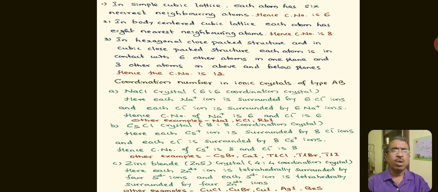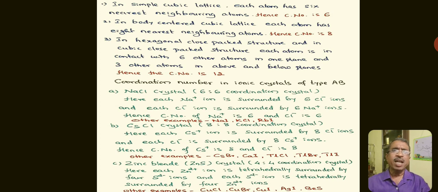Here, each sodium ion is surrounded by 6 chloride ions and each chloride ion is surrounded by 6 sodium ions. Hence, coordination number of sodium is 6 and chloride is also 6. Other examples of this category are sodium iodide, potassium chloride, rubidium iodide.